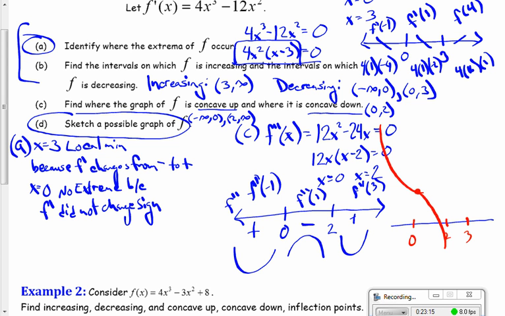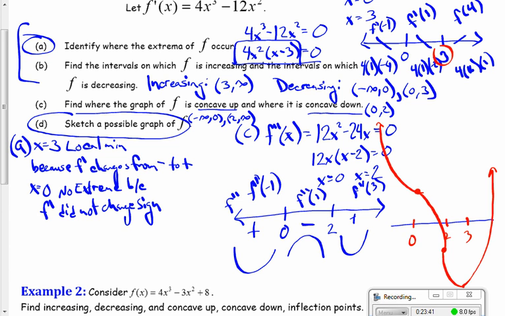It becomes concave up. Is it still falling, or has it changed to rising? It's still falling, right? The function is still decreasing because I've got negative slopes there, negative first derivatives. So there's an inflection point there, and then it becomes falling but concave up. And at 3, we already determined there's a local min, so the graph is going to rise after that. Okay? There is a possible graph of f.